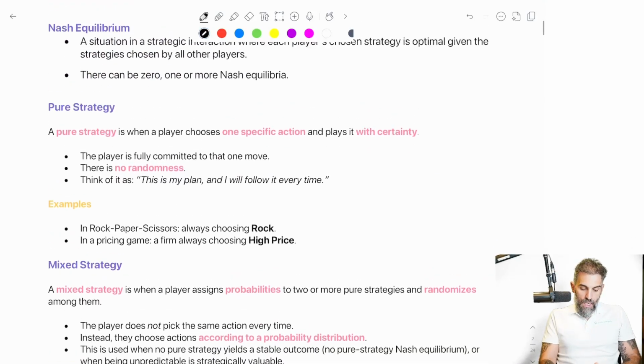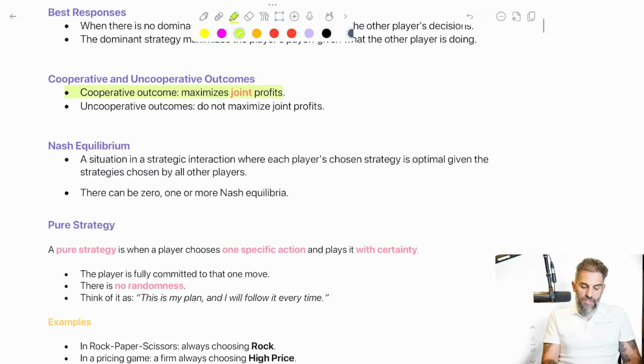Okay. A Nash equilibrium, this is another one that comes up a lot, and I think we sort of talked about it right before, when we were doing the oligopolies before the midterm. But a Nash equilibrium is just a state, right, that neither player can or should deviate from.